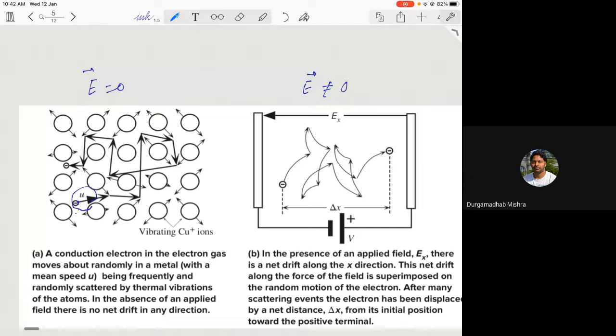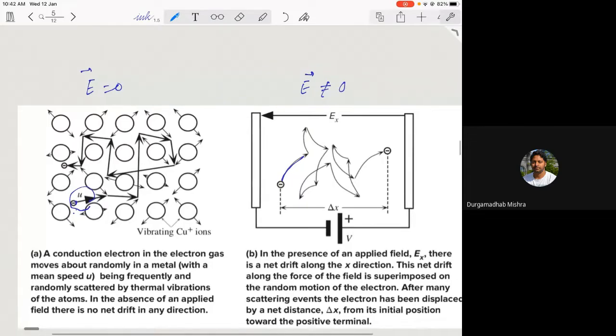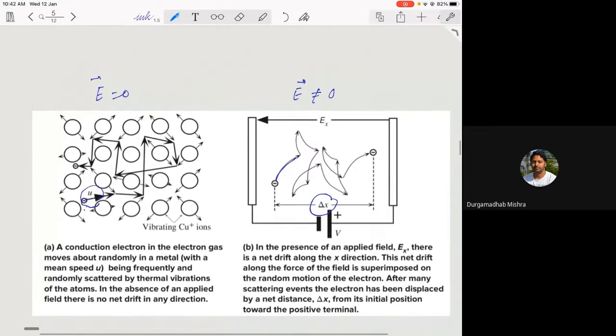So that is what you see. When you apply electric field E, you will have several collisions within this time delta t. However, there will be a net drift of the electron from one point to another point, about delta x. And this is the difference between when you have E equal to zero and when you have an electric field.